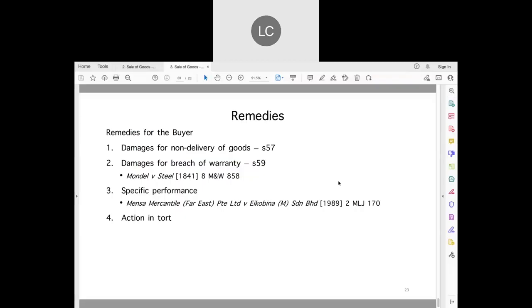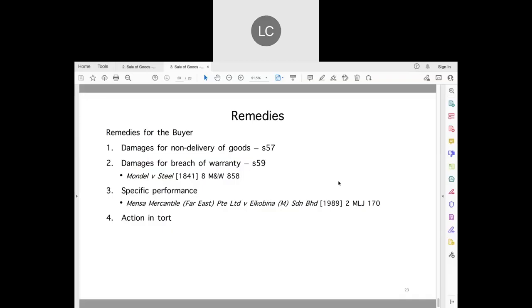When there is a breach of warranty, then the buyer may also ask for damages. Then we'll look at section 59(1). Section 59(1) provides for the remedy of breach of terms of the contract relating to goods actually delivered and accepted by the buyer.